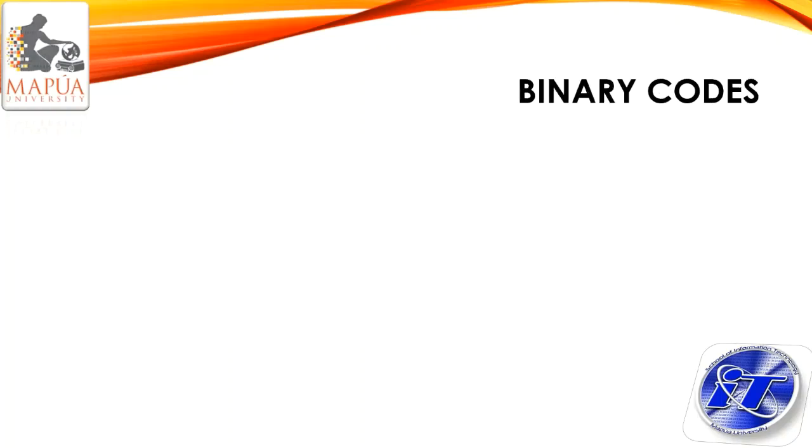Let's discuss binary code first. Again, one binary digit we call 1 bit. A binary digit is a bit, and it could represent two values. 0 represents a certain character, 1 another character.